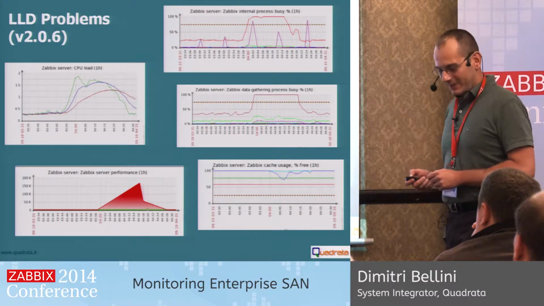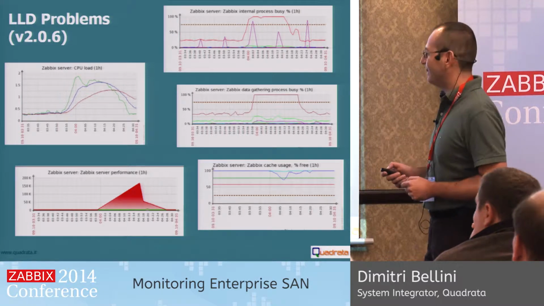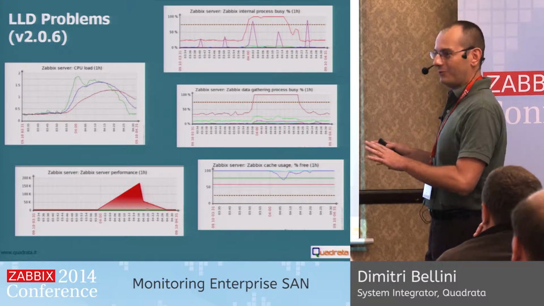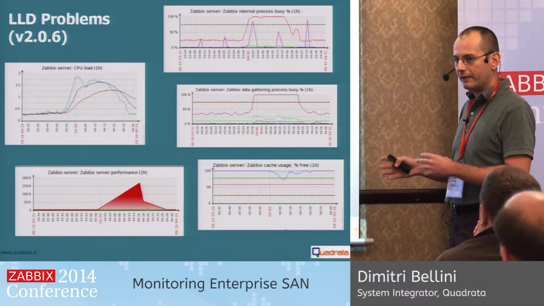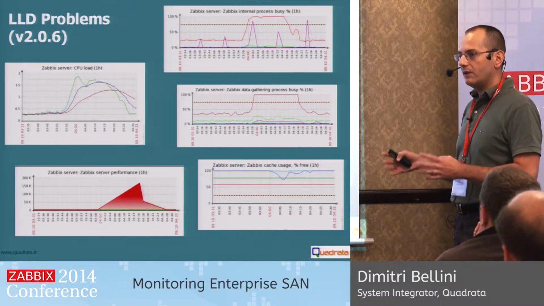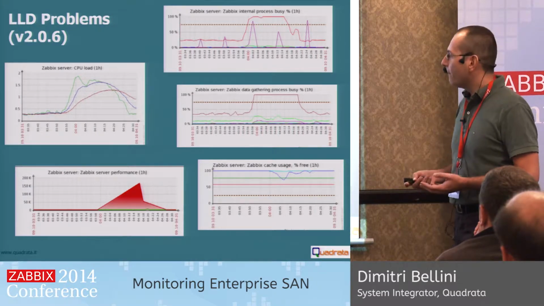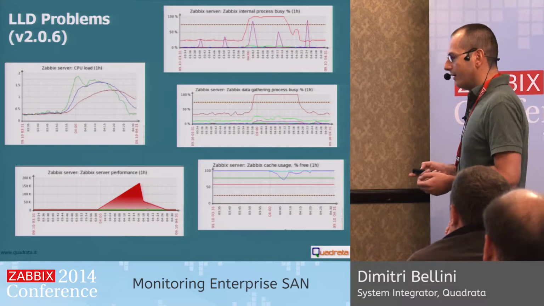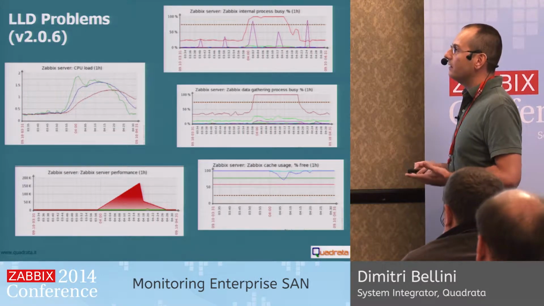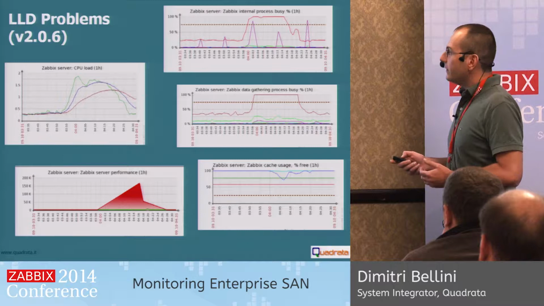So with the Zabbix team and the support, we worked very hard to understand how we can change the query and how we can change the low-level discovery process. And today, I have to say 2.2 is very good.